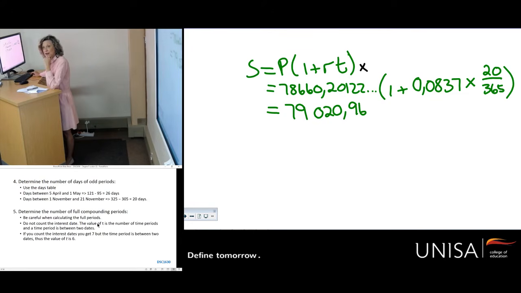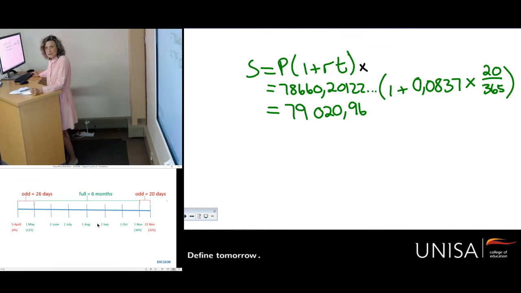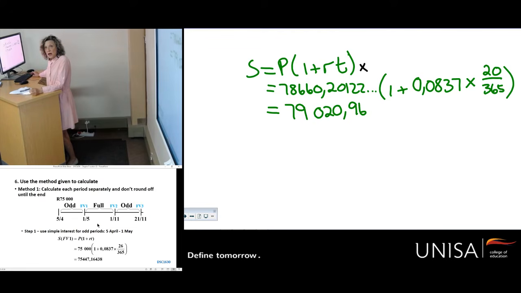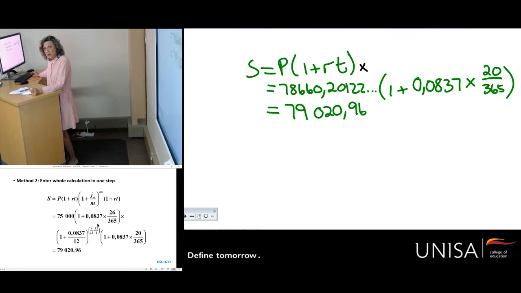We determined the number of days of the odd periods using our day table, as well as the number of full compounding periods. And again, guys, be careful. Don't count the interest dates. A period is between interest dates, so that gives you 6. There we've got our timeline, and there's the method. The first method is using the 3 steps that I've spoken about, and then lastly, method 2, writing it out as one big calculation and get to your answer.